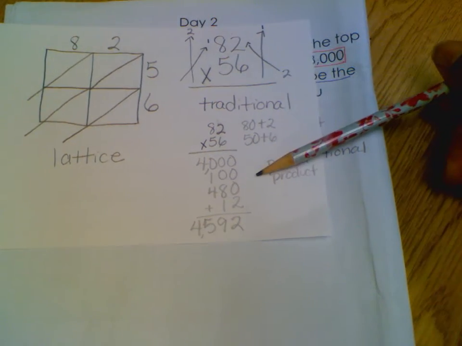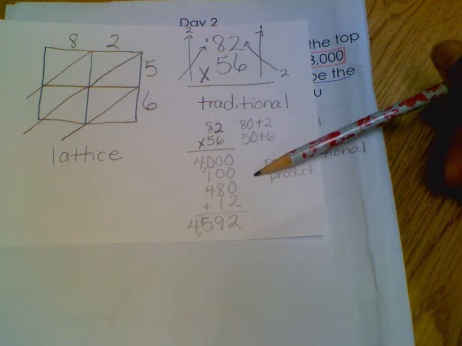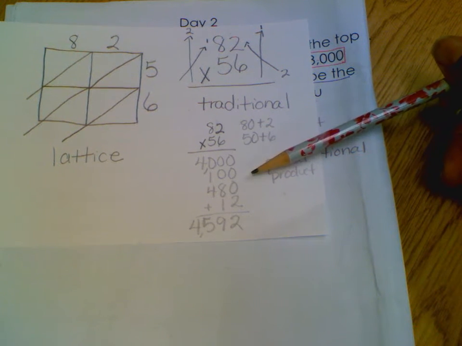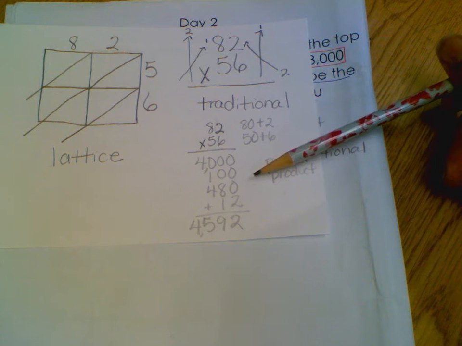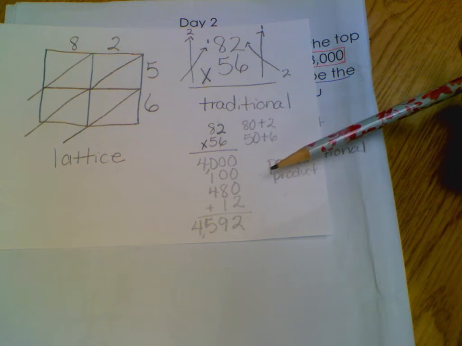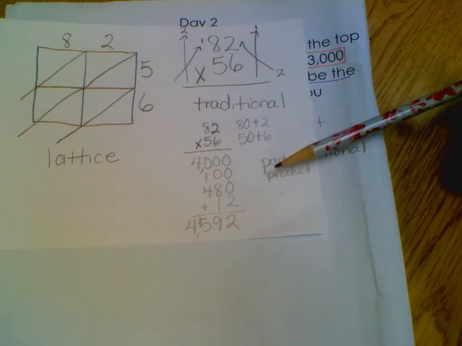Or you could do the partial product, which is a little bit more detailed, but it can be done and you can come up with the right answer here as well. So if you need to play this video more than one time to get the gist or the understanding of these three methods and choose which one, that's fine. Do whatever you need to do to help you get the correct answer.